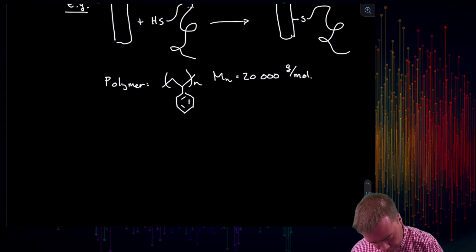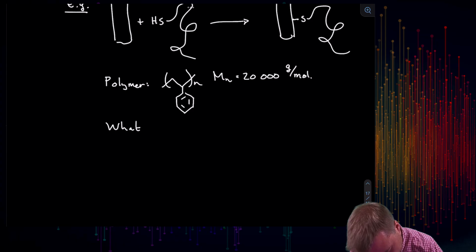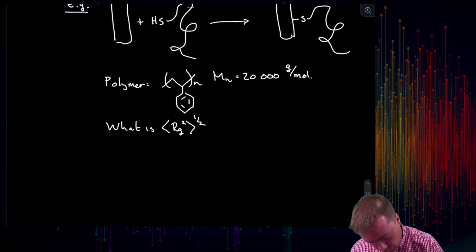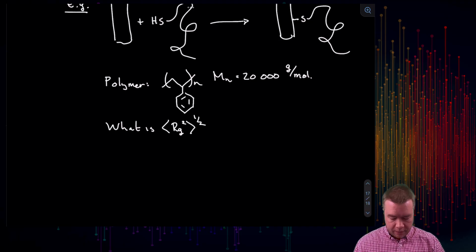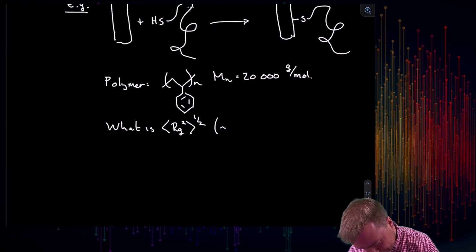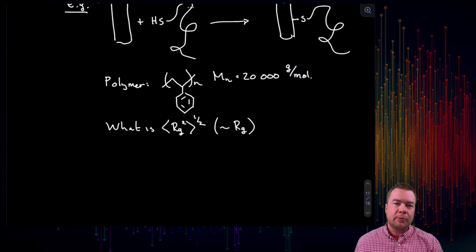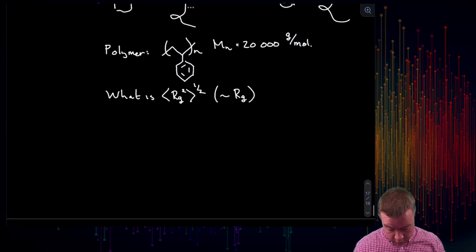Now the question is, okay, if that's what you have, then what is the root mean squared radius of gyration? And in our language in this class, usually we'll just write this as RG. And you and I, as polymer experts, will understand that this is what you would get if you averaged across millions of different polymer chains, right? Okay, so what is it?